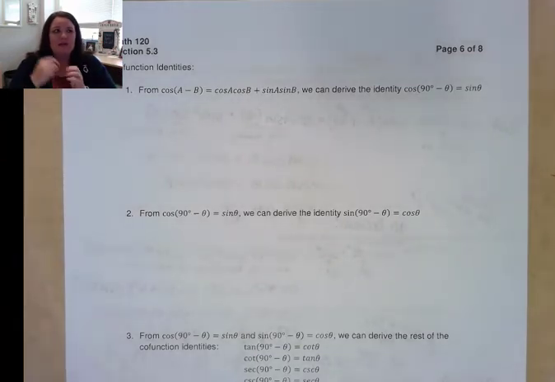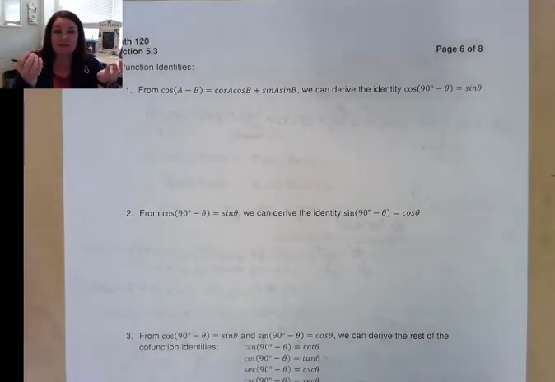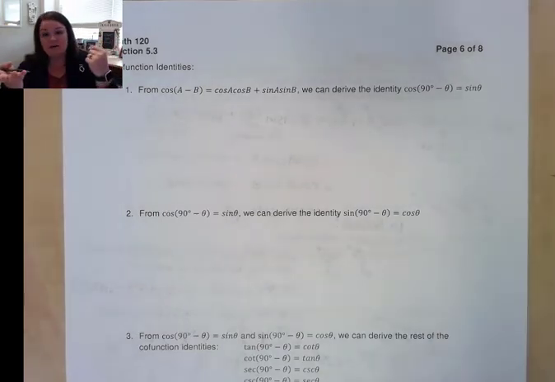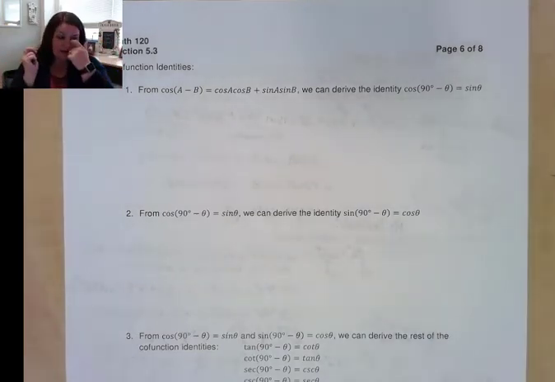Saying something like sine of 60 is the same as cosine of 30, right? Because 60 and 30 add up to 90. So we have cofunction identities, meaning the sine of one is equal to the cosine of the other one, or the cosine of one is equal to the sine of the other one. Okay, so we have these cofunction identities.